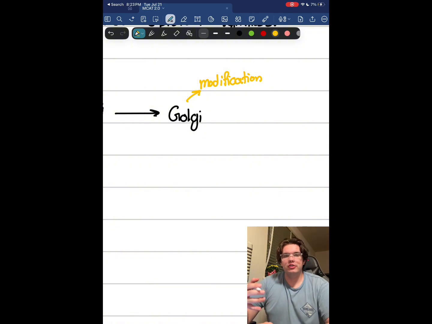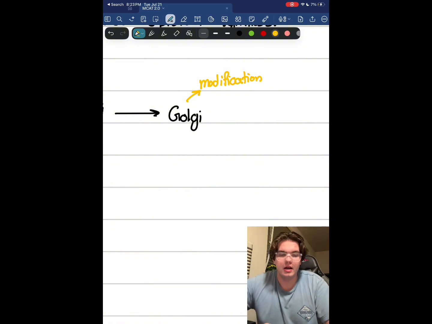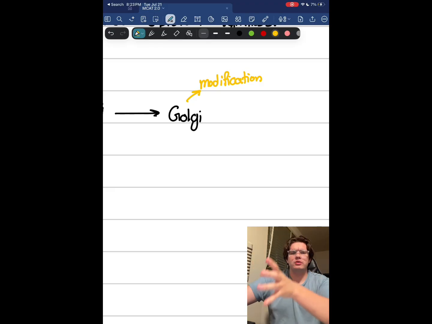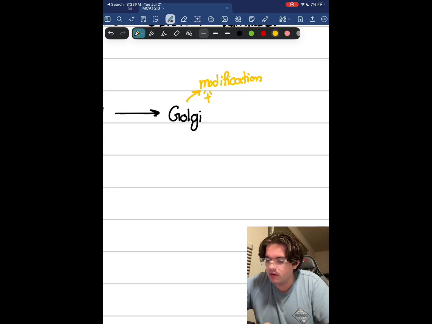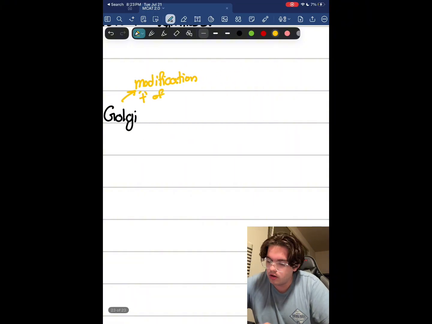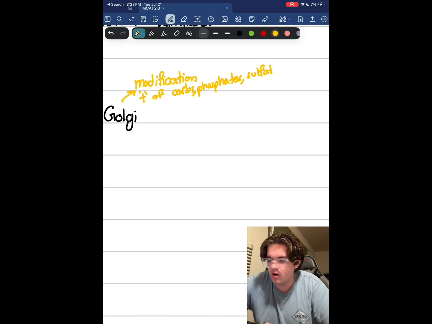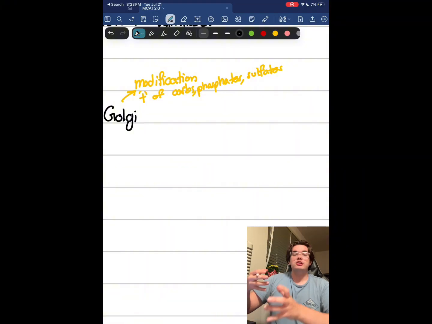This modification includes the addition of, and it's not all the time, it's not like every single time a product goes into the Golgi it's getting this, but sometimes we have the addition of carbs, phosphates, and/or sulfates, right? So it's not all the time these are being added in, it just can be added in.